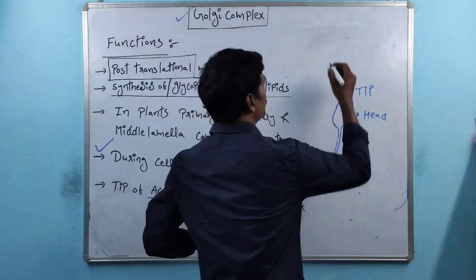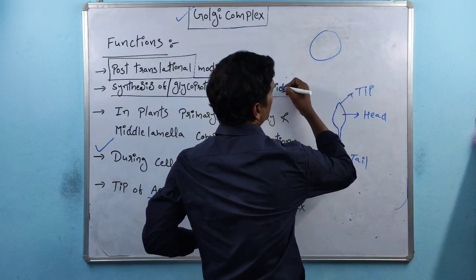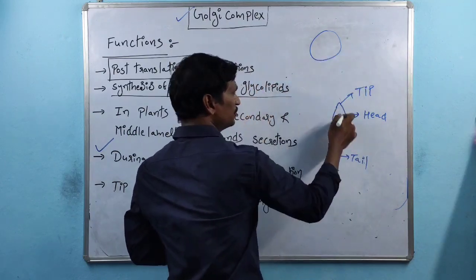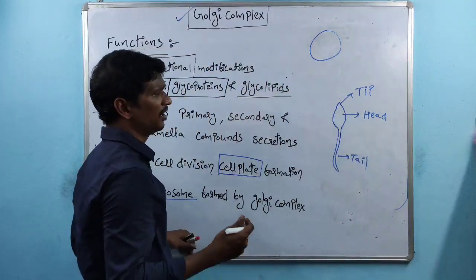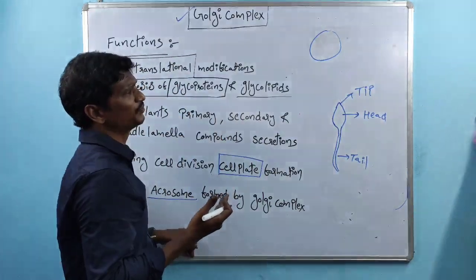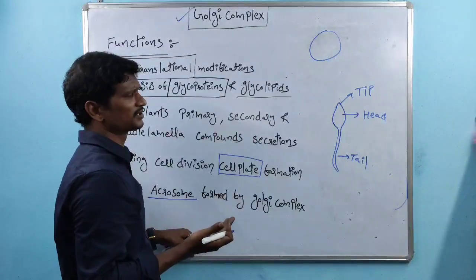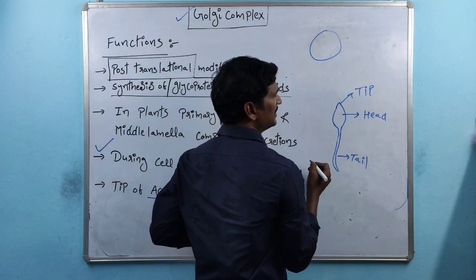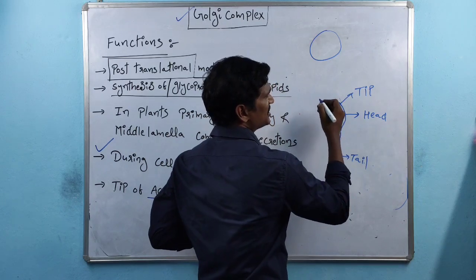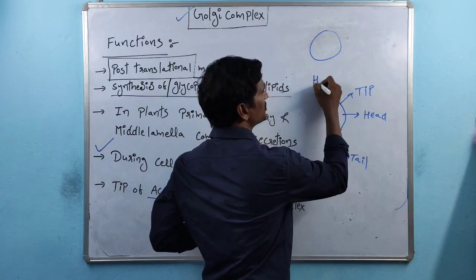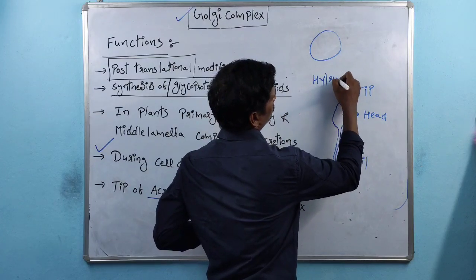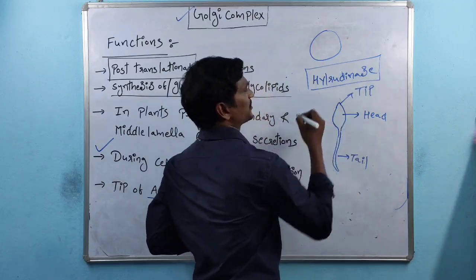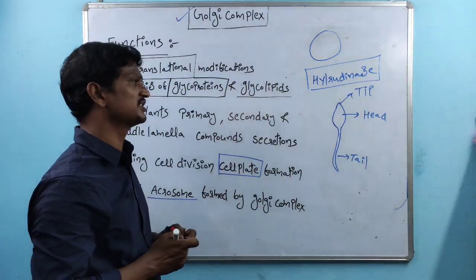If I ask one question here: this is the egg cell, not exactly, this is the ova, and this is the sperm cell. How does the fusion take place between these two? How are the sperm cells fused with the ova? Especially the tip part contains a specialized enzyme, the enzyme hyaluronidase.